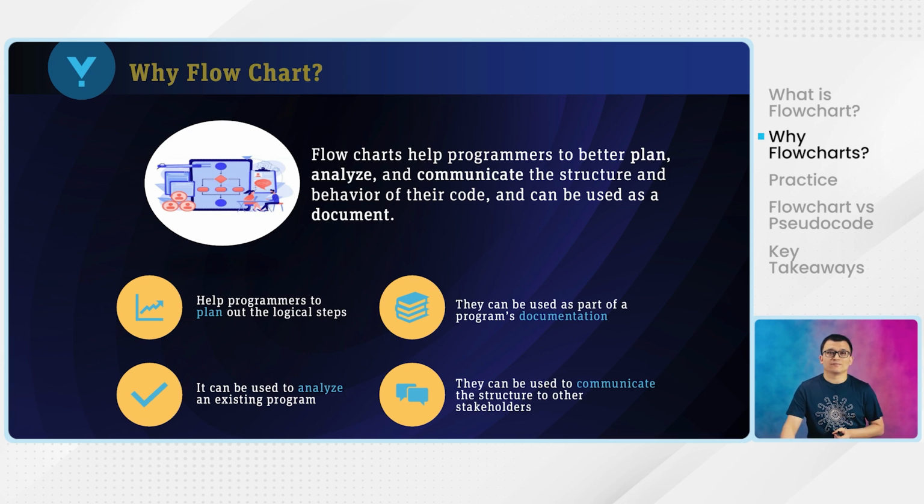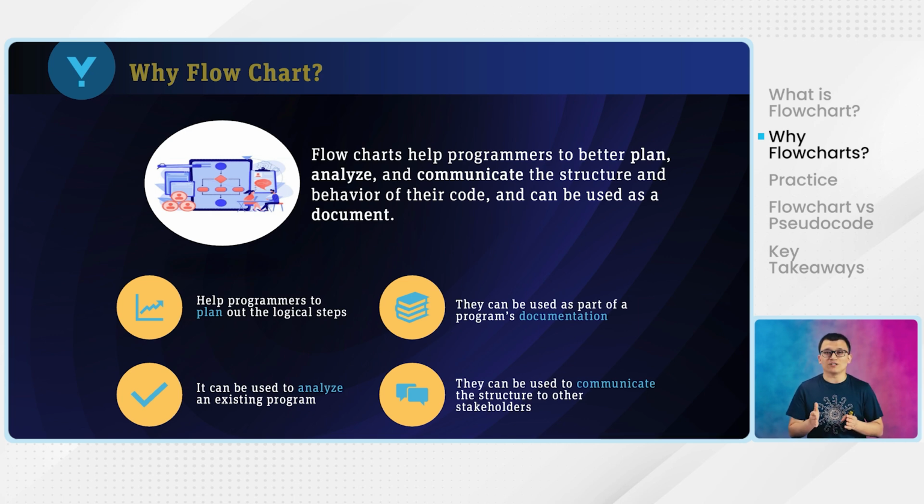And analysis. So the flowcharts can be used for analyzing an existing program to identify bugs or any other problems or areas for improvement. Okay, that's the benefit that the flowchart is going to give to programmers.